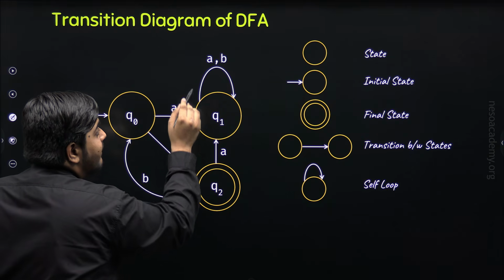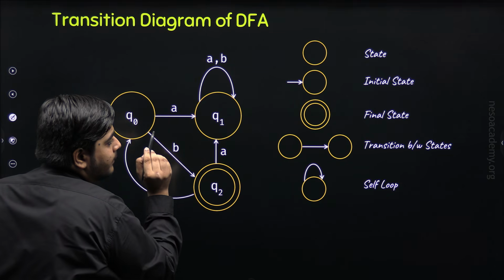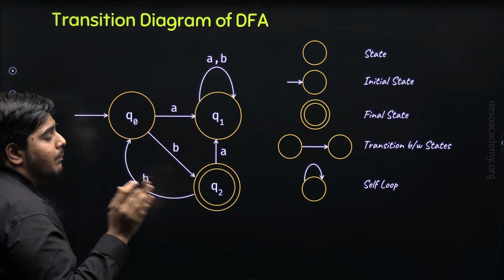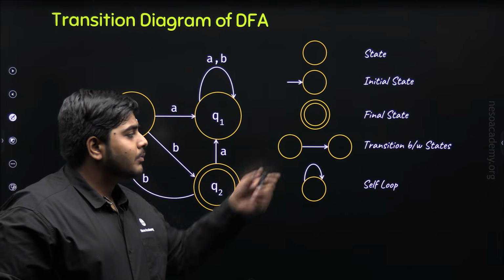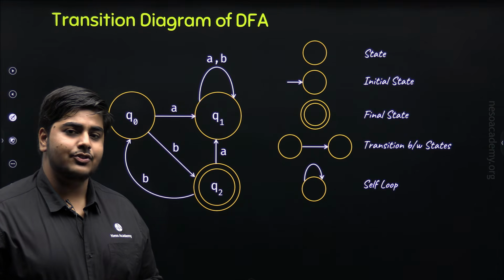Again, if I get the same input A, I will reach back to the same state, that is Q1. That means this transition can be repeated any number of times. So I hope you have understood normal transition between the states as well as this self-loop transition.